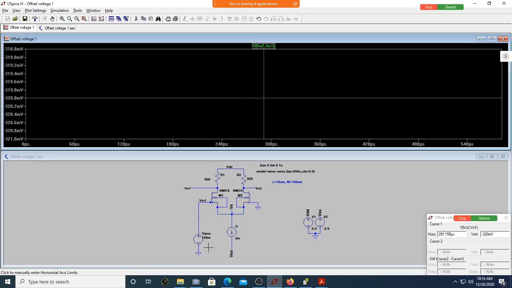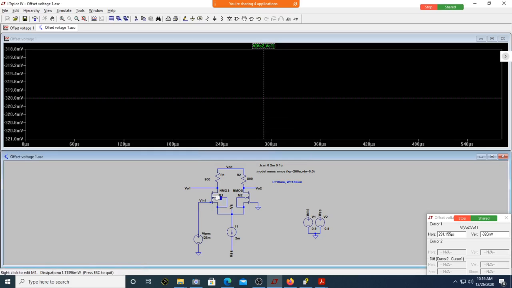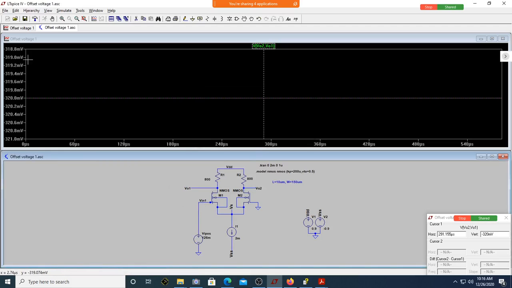Why is it still minus 320? Have I not applied it? This is 126. This is 200. Sorry. This is 300. Oh, some issue is there. Why is it not stopping?